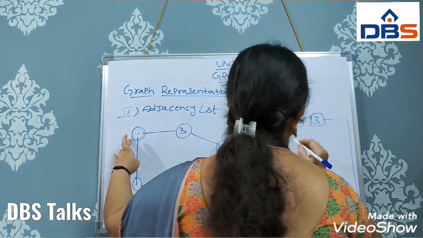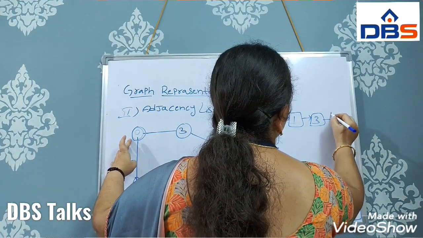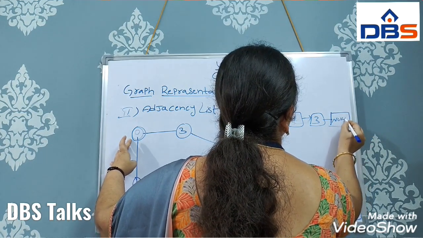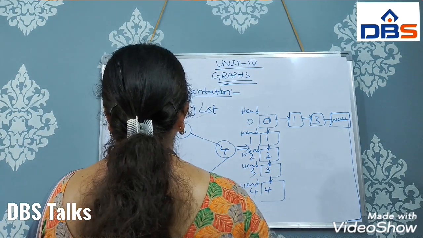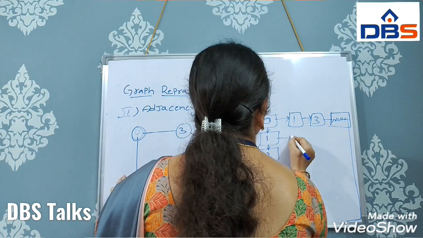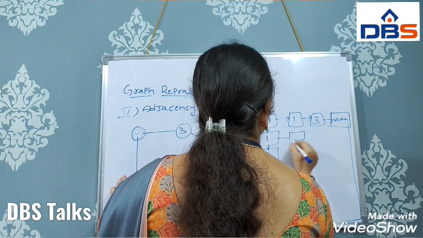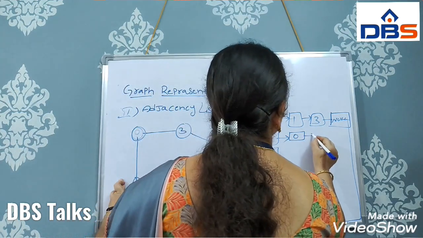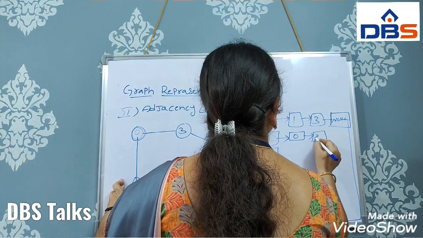The last cell is stored with a null pointer. Next, consider 1. From 1 to 0 and 1 to 2 we have connections.